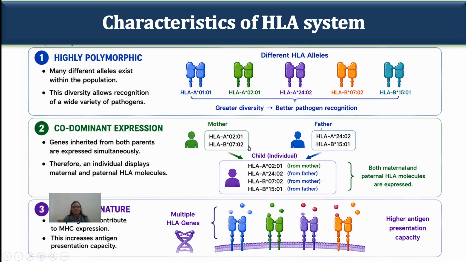Therefore, an individual displays maternal and paternal HLA molecules. They are also polygenic in nature, with multiple HLA genes and higher antigen presenting capacity. And we all know that pathogens are very diverse in structure and nature. So accordingly, MHC molecules can express different antigens to the T cell.